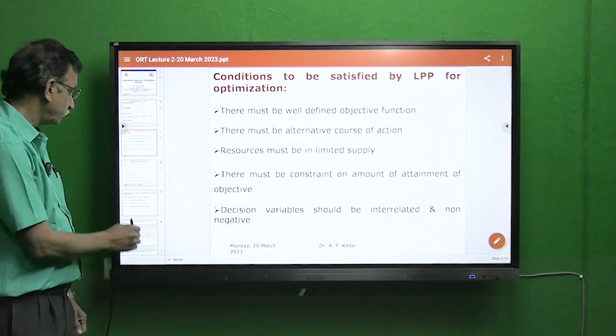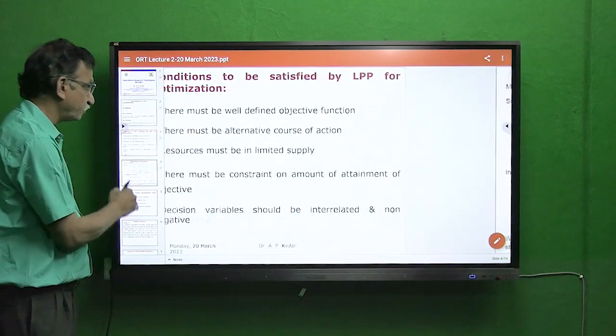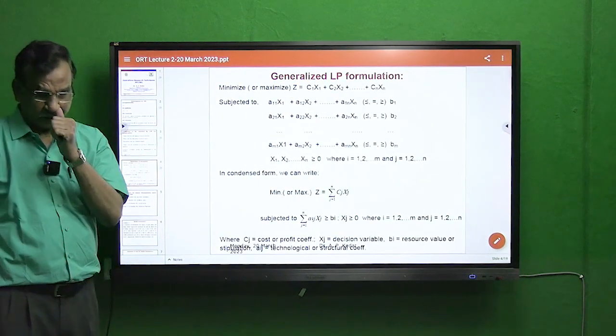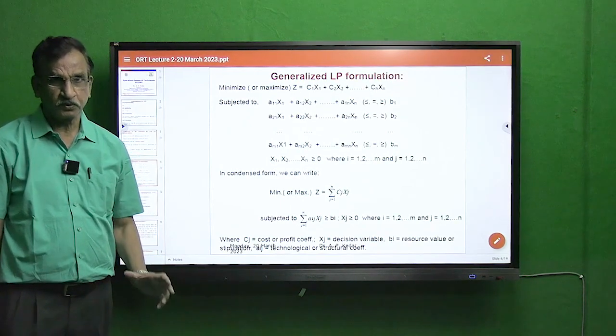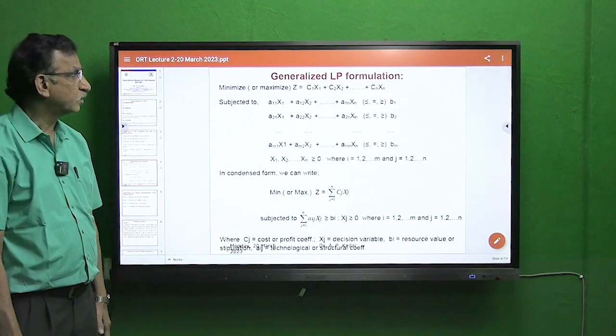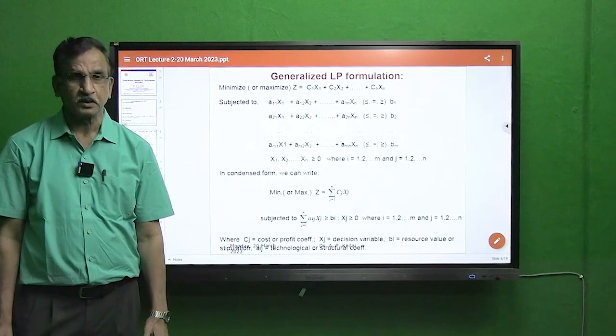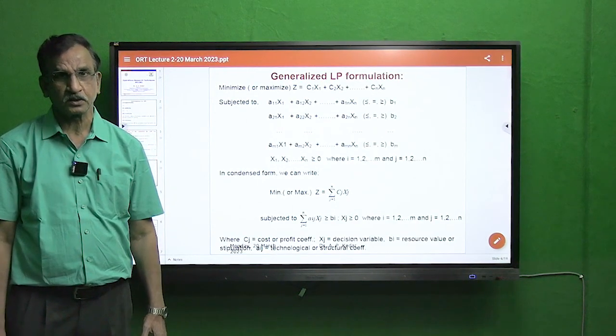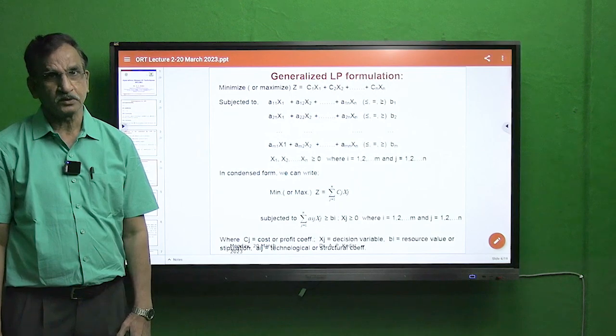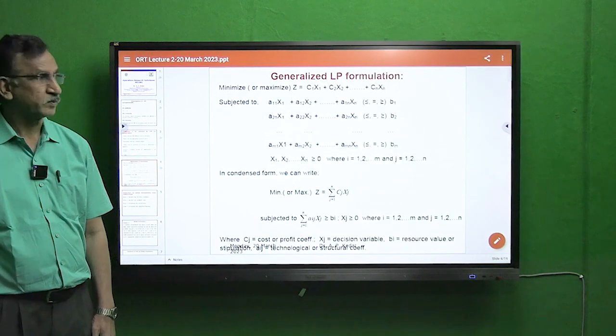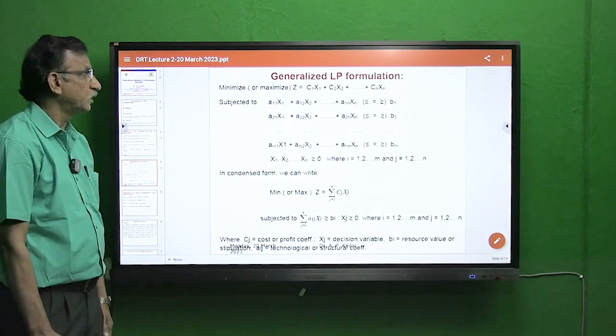Now we will move to the main aspect of linear programming. Today, first we will understand what a generalized linear programming problem is and what the various elements of that generalized linear programming problem are.